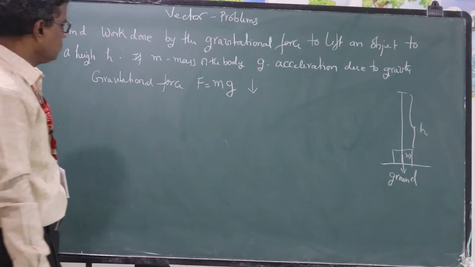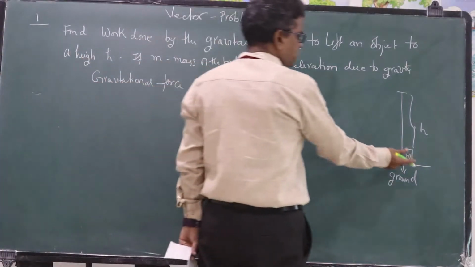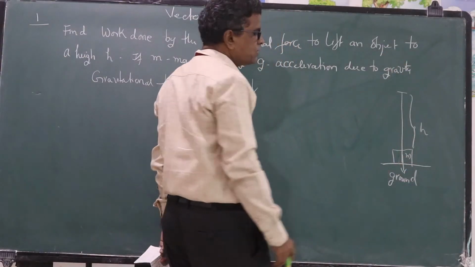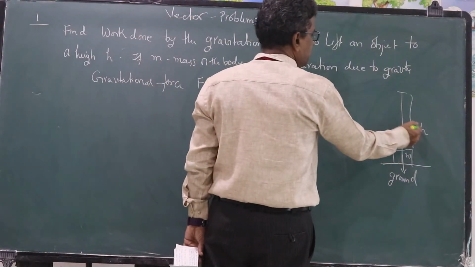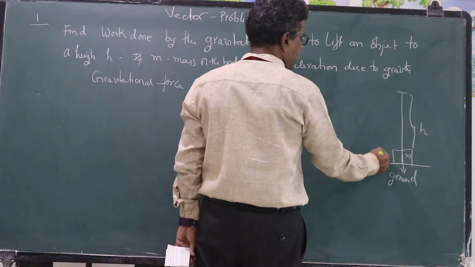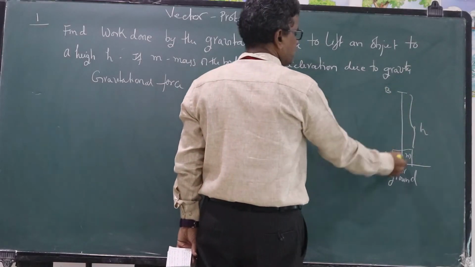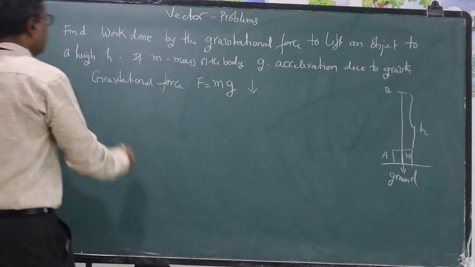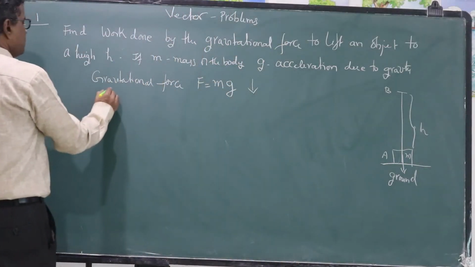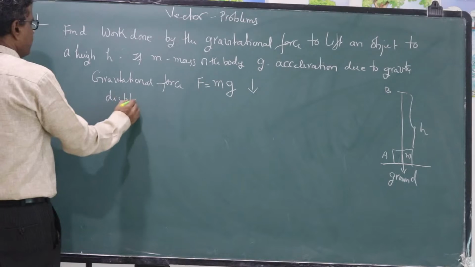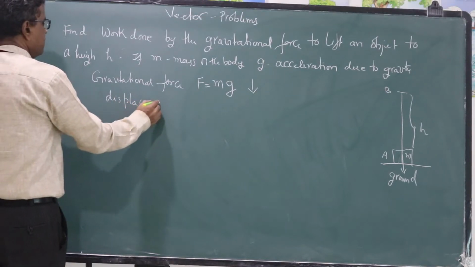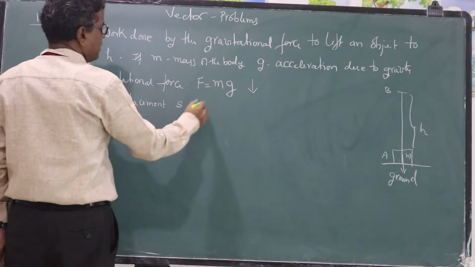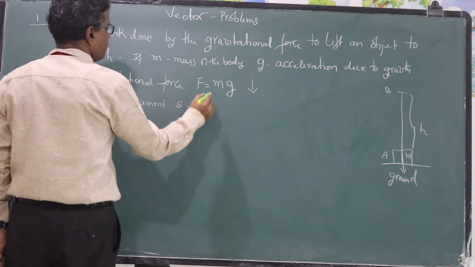So to lift the object, you should apply an external force against this gravitational force. So the displacement of the body from A to B, it is lifted to a height h. So what is the displacement of the body? Displacement S is equal to A to B, that is h.